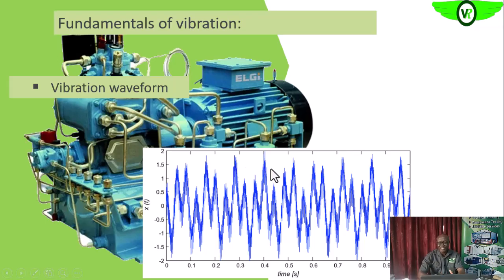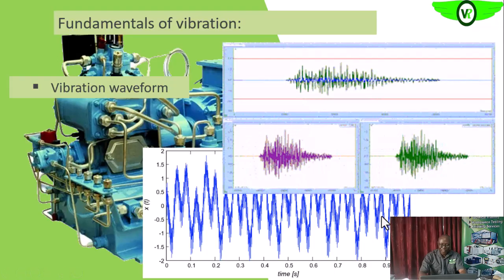As we'll see later, one of the major events that can result in such a 1 times RPM event is unbalance. So that will tell us that it is happening once in every revolution of the shaft. That will give us an idea as to what is actually happening.